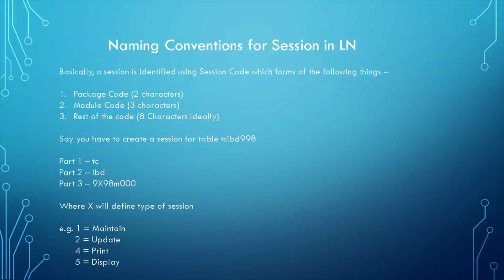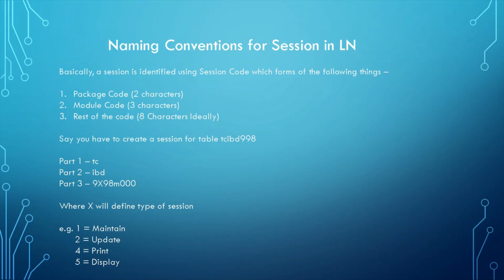Modules are like TCMCS, then TCIBD, TCCOM. So these are the modules. The rest of the characters are very important when it comes to naming conventions. These basically define which tables you are focusing on.